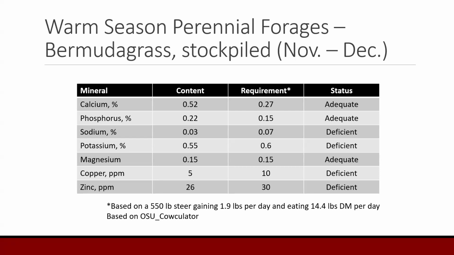Still adequate on calcium, still adequate on phosphorus, still deficient in sodium, but now we're deficient in potassium, good on magnesium, deficient in copper and zinc. So higher quality forage is going to have more mineral content and it's going to be better at meeting those animals' requirements. As it gets lower quality, we're going to start becoming deficient in more minerals.